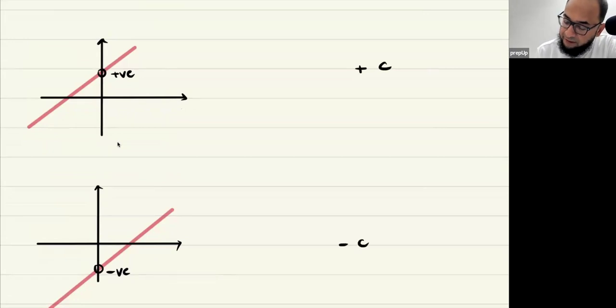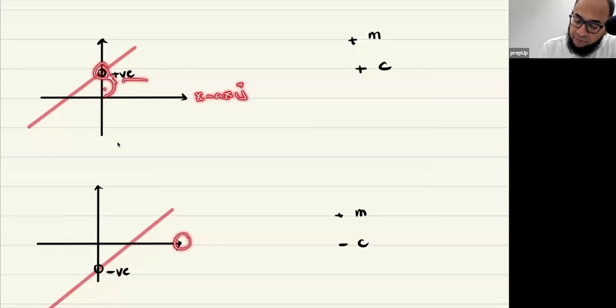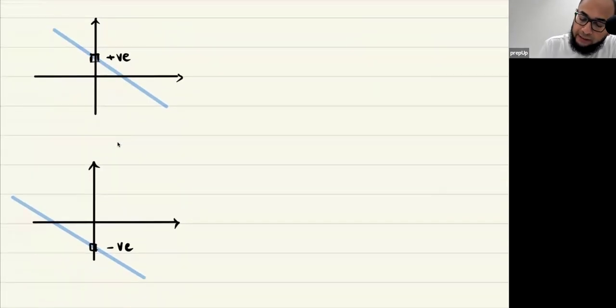This is negative c. This gradient is positive. This gradient is positive. Do you agree? It's going up. This one is also going up. The only difference is y-intercept is above x-axis. So above x-axis is positive. Below x-axis is negative. Over here, what should I write?